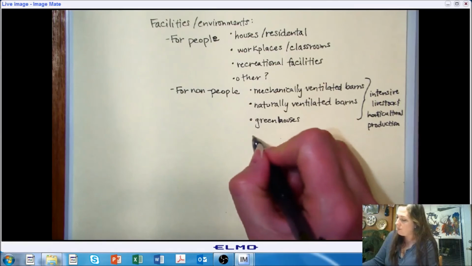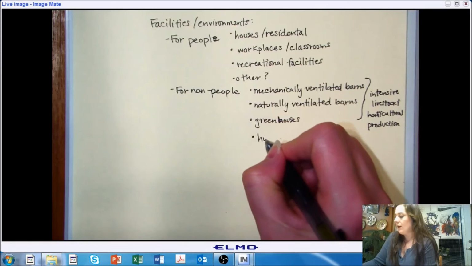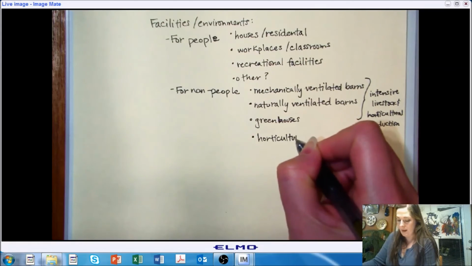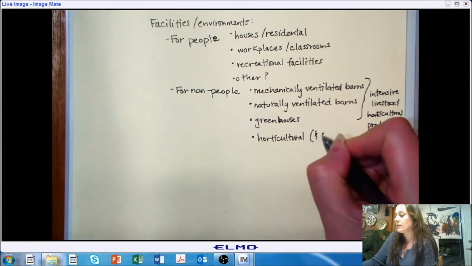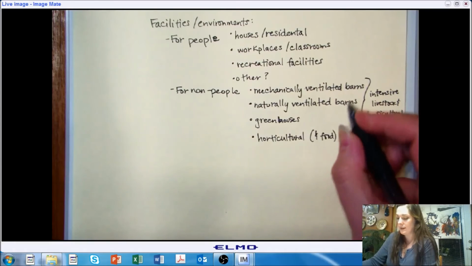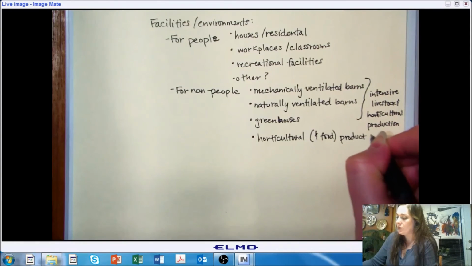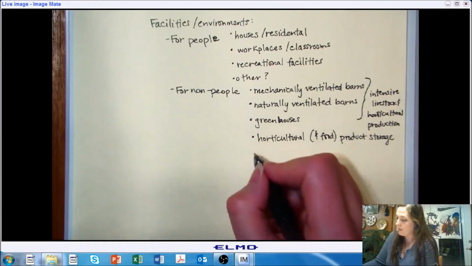Okay. So not only in our growing areas are we interested, but we could also be interested in environmental control within horticultural, so it could be live species, or post-processing, so we could be interested in the product itself, in storage, and it could be storage in a holding area, or it could be storage for transport.